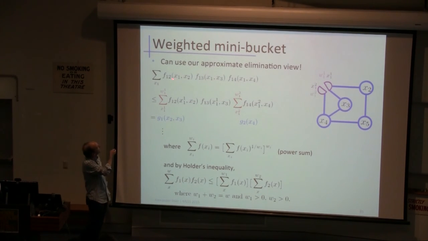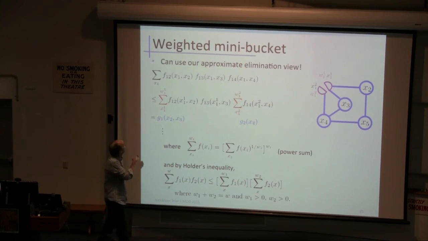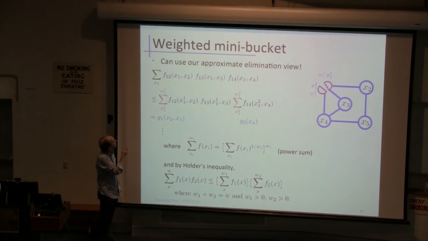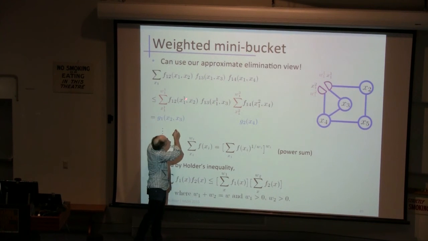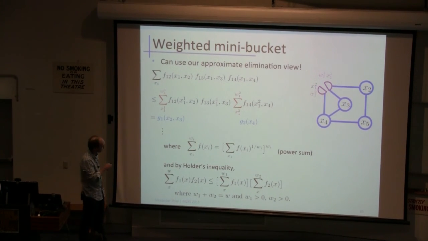But we decided that this collection of functions was too large. So instead, we split x1 into two parts, and we eliminated separately on one clique and another clique. In this case, you can do exactly the same thing. And the proper elimination technique is to eliminate one clique and the other using a weighted or powered elimination.